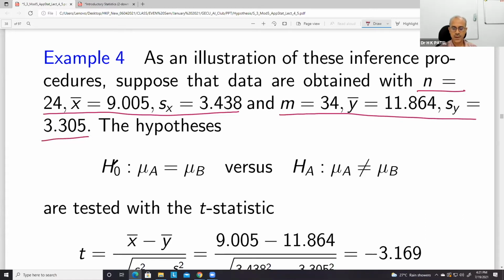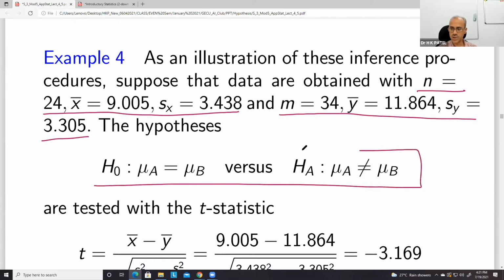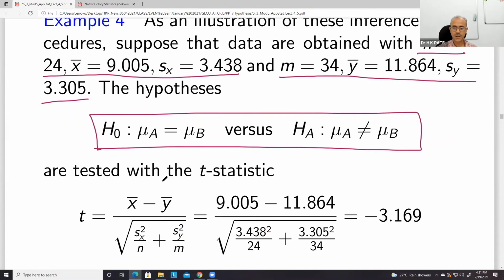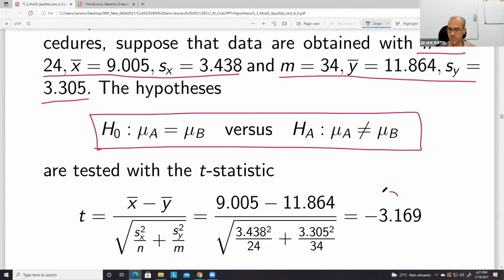Suppose we want to test this hypothesis, two-sided. So we'll first calculate t. Because mu a is equal to mu b, this delta is 0 here, and therefore you can see that the t value is minus 3.169.